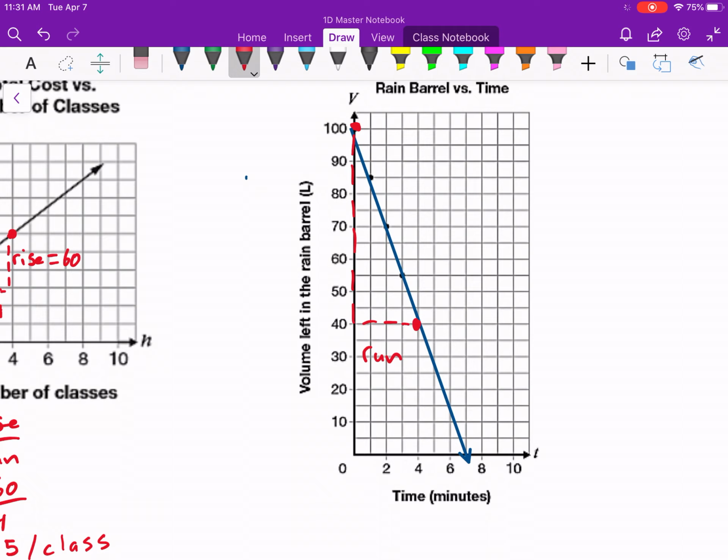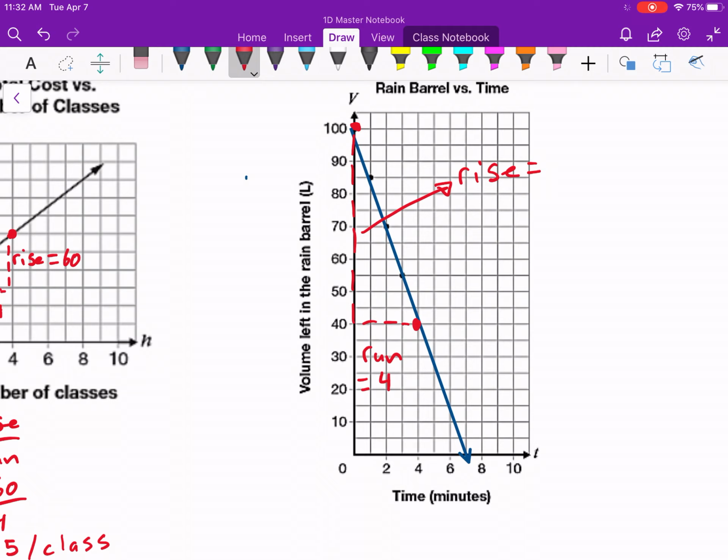My run, in this case, is going from 0 over to 4. And the rise is starting at 100 and ending at 40. So it's starting at 100 and it's going down to 40.